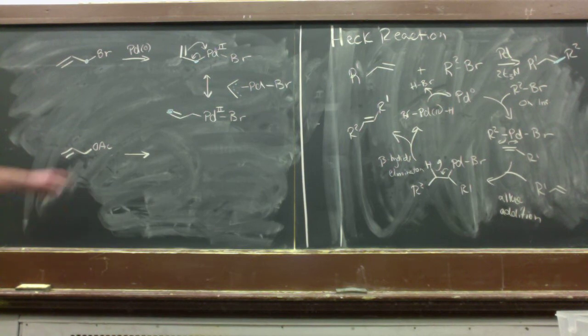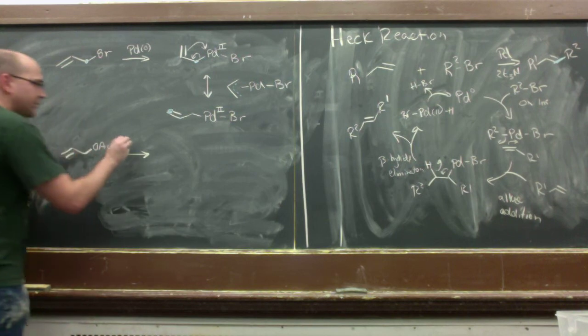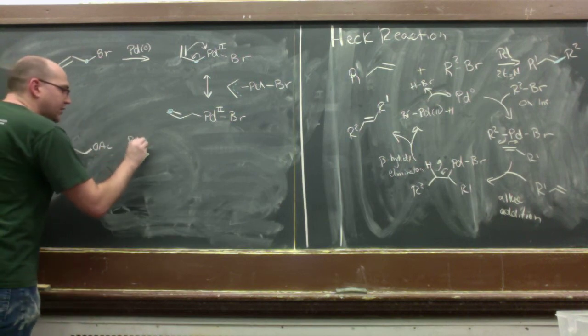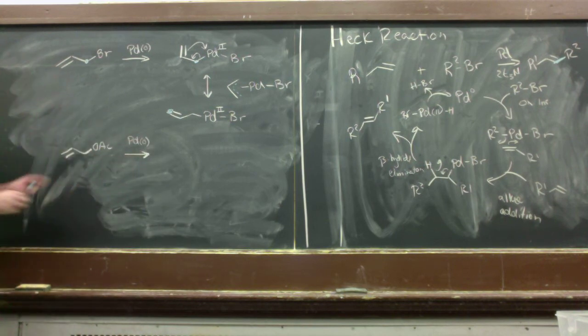Once you're at a species where you have this palladium system here, if we just do it with palladium 0, you can take palladium 0 along with your acetate and begin to put in other nucleophiles. I'm trying to think of an example that I've seen in the past.